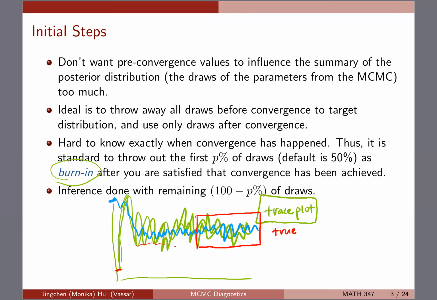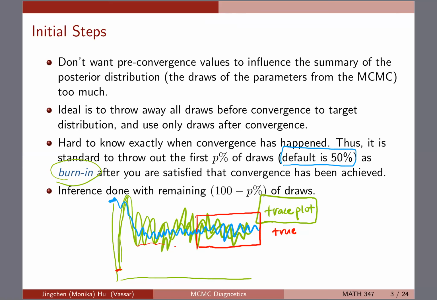You might have some percentage of the draws at the beginning that are not good enough. So that's what we throw away. By default, the value is 50%, but you really should look at the graph to decide how much you want to throw away. A good starting point will be, okay, I'm going to throw away 50%, and then I will keep the rest to do my analysis.